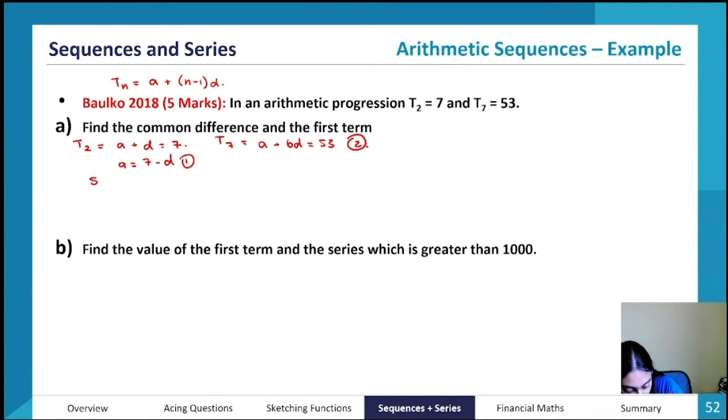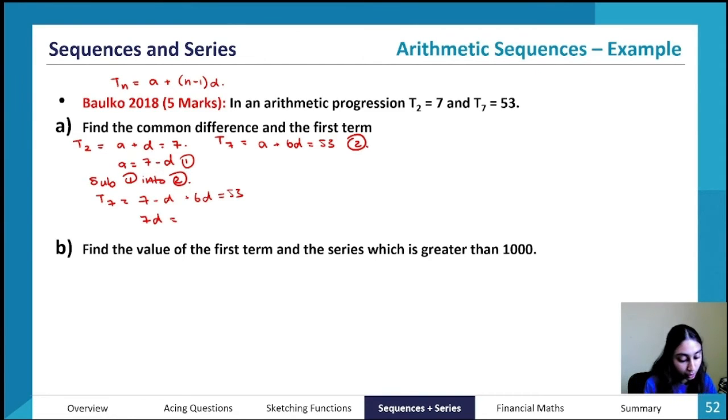So now I'm going to sub, basically sub 1 into 2. So T7 is equal to 7 minus D plus 6D is equal to 53. 5D, not 7, sorry, 5D is equal to 53 minus 7.